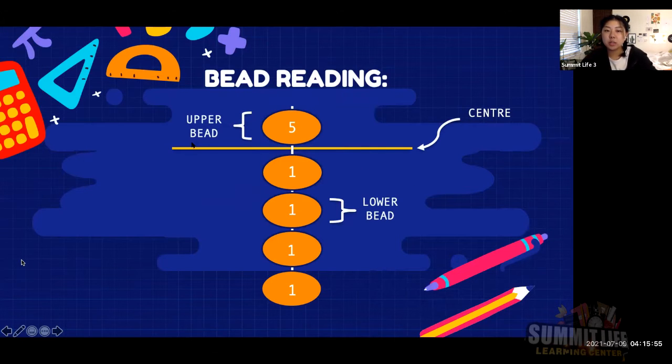Do you see this yellow line? If it's above the yellow line, then that equals 5, and it's an upper bead. If it's under the yellow line, then it is considered a lower bead, and there's 4 lower beads. So we see that there's 1 here, 2, 3, 4. Each one equals 1.